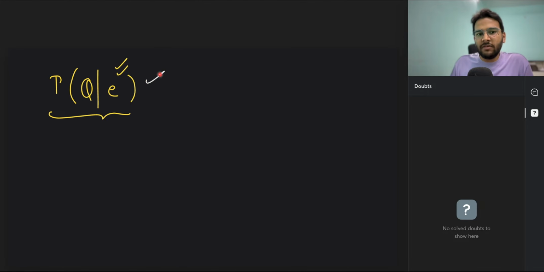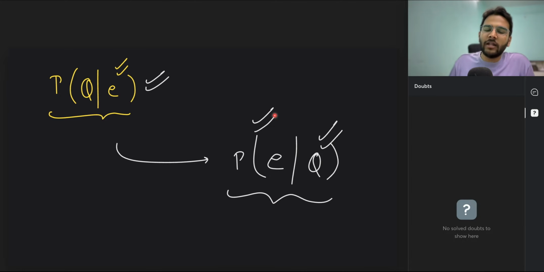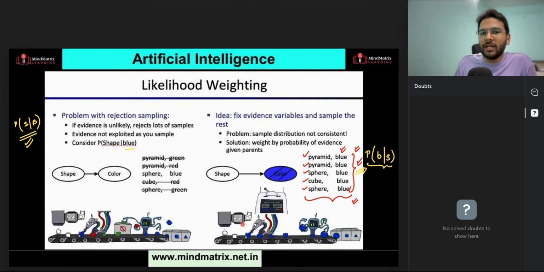Previously we were doing this, but now we have fixed the evidence, and based on the query, so you can say query is given, now we are finding the probability of this evidence. So this is actually this weight by probability. This is nothing but weight by probability of evidence given parents. Is this clear? Making some sense, if not entirely?